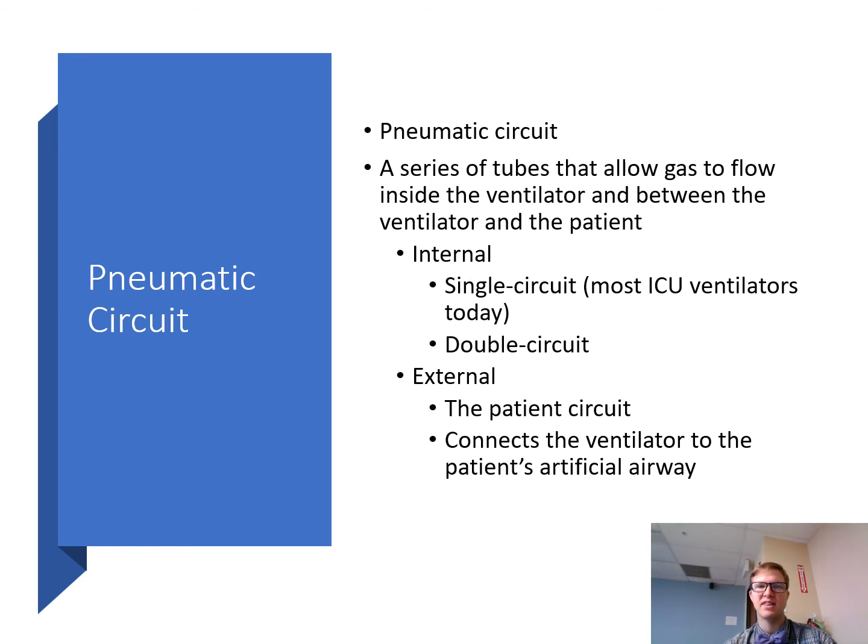But double circuit ventilators are not very widely used in the market currently, as of this recording. Most commercially available intensive care unit ventilators are single circuit, microprocessor controlled, positive pressure ventilators with a closed loop element of logic in the control system.